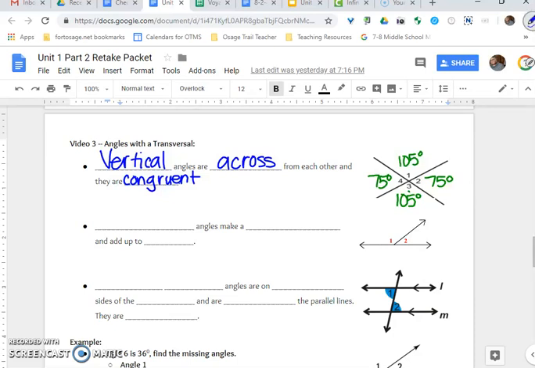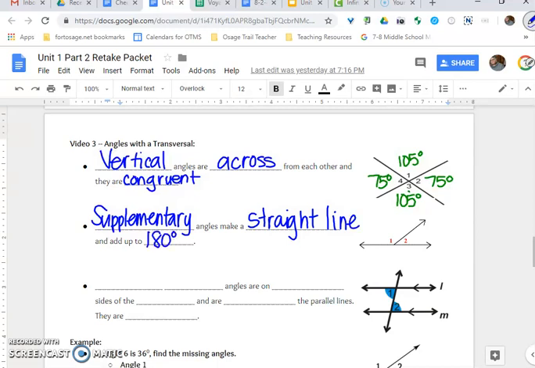The second type of angle that I want us to remember is supplementary angles. Supplementary angles make a straight line and they add up to 180 degrees. So in this diagram, next to it, let's say that angle 2 was 62 degrees.